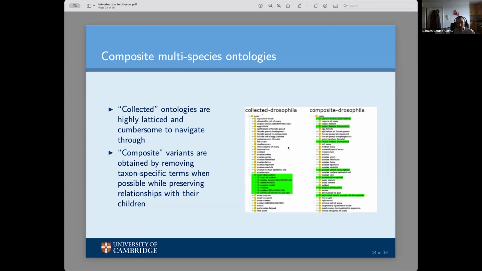So in composite Drosophila, here on the right, you still have on top the Uberon term for ovary, but this time, all the terms representing the parts of the fly ovary are directly attached to the Uberon term for ovary, and we no longer have a term representing specifically the fly ovary.